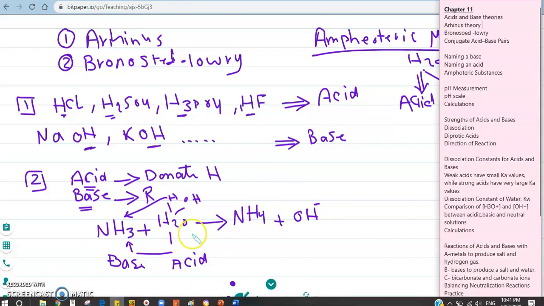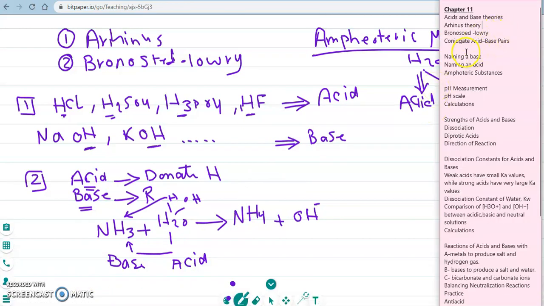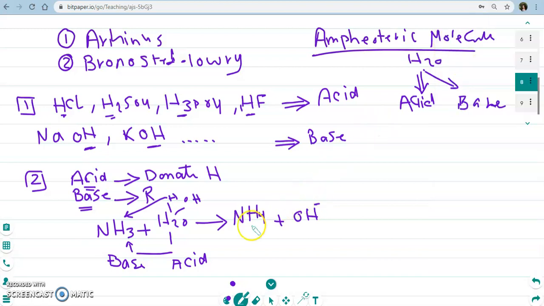Conjugate acid base pair. What are conjugate acid base pairs? Those are the two other molecules that we're talking about.